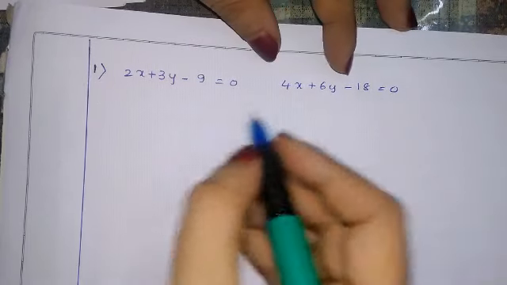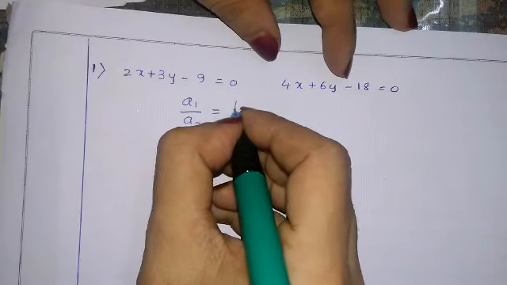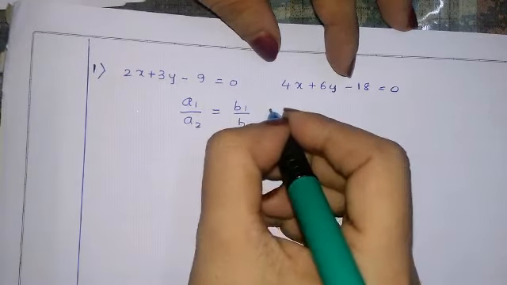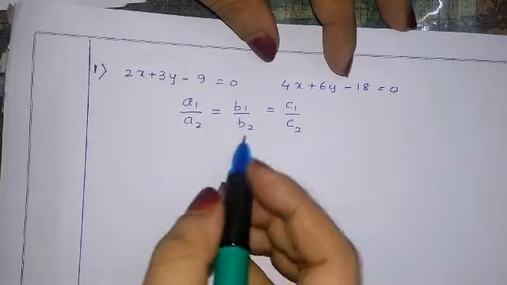We have three conditions we know. So I'll write a1 upon a2 is equal to b1 upon b2 is equal to c1 upon c2. Let us see which condition it satisfies.